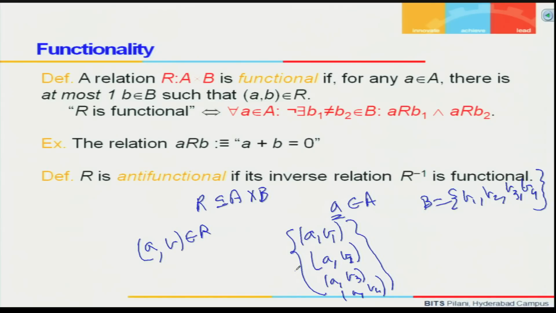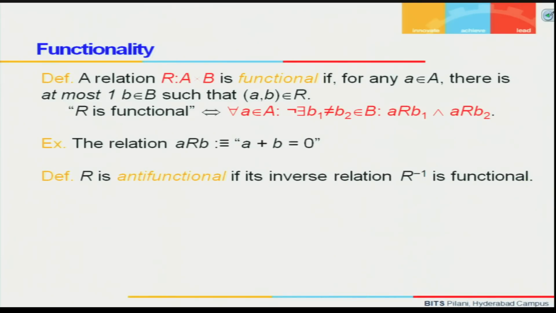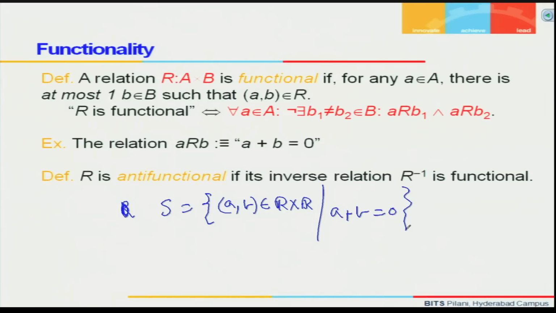Let us understand with an example. Let us define a relation S: set of real numbers cross set of real numbers, that means A comma B in real numbers, such that A plus B is equal to 0.